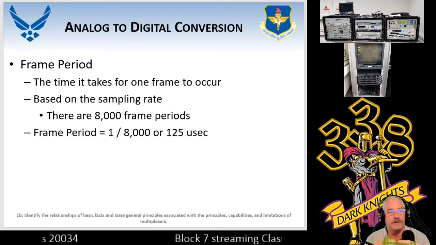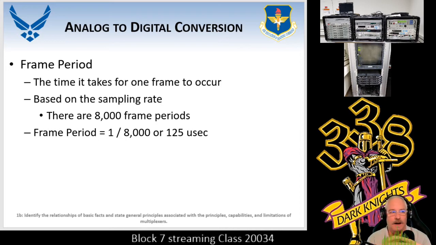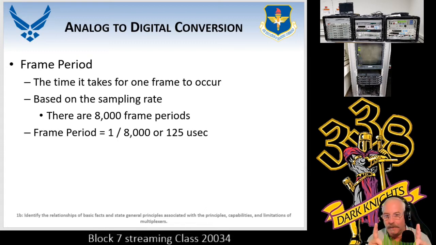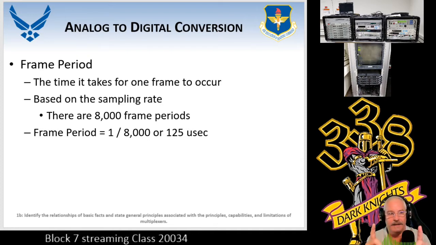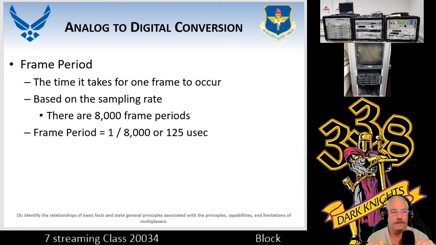Now, you can see it says in this particular definition, it says the time it takes for one frame to occur. That one frame is how many samples did it take for that 8,000 to go through all those frames, all right? Or one frame.